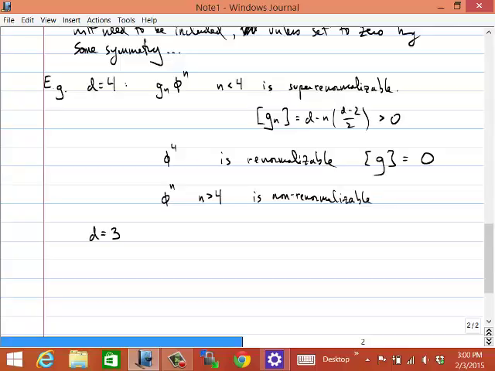In that case, the interactions of the form phi n for n less than 6 are going to be renormalizable. So again, just using this formula up here. Whereas the ones with n bigger than 6 are going to be non-renormalizable. In 2 dimensions, actually, life gets even more interesting.